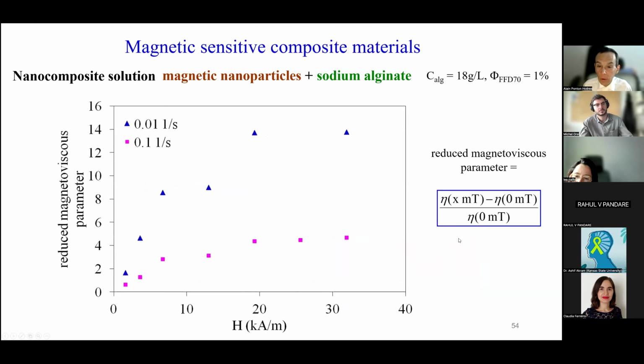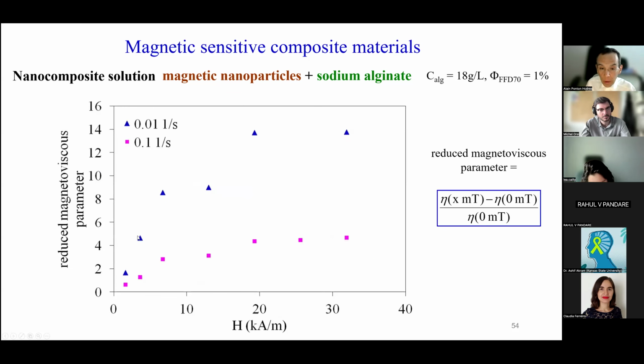We can see this effect more deeply by plotting what is called the reduced magnetorheological parameter. This is the increase of viscosity under magnetic field compared to the viscosity without magnetic field. And for two values of shear rate, you can observe an increase of this parameter.